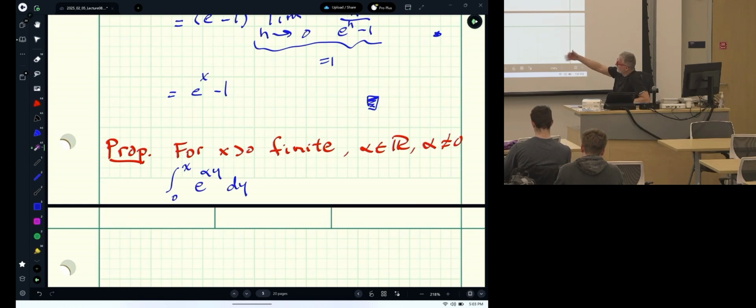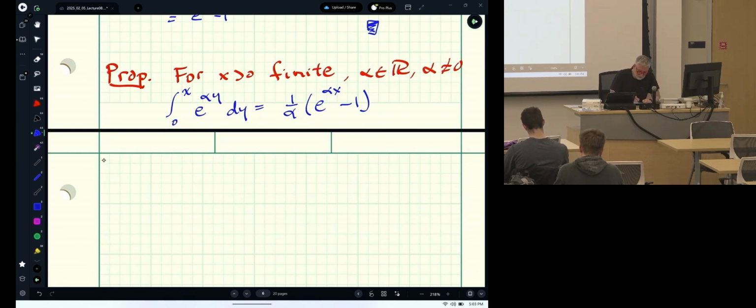If alpha is 0, that's e to the 0, and then we just get x for the answer, which is not very interesting. So this turns out to be 1 over alpha, e to the alpha x minus 1.